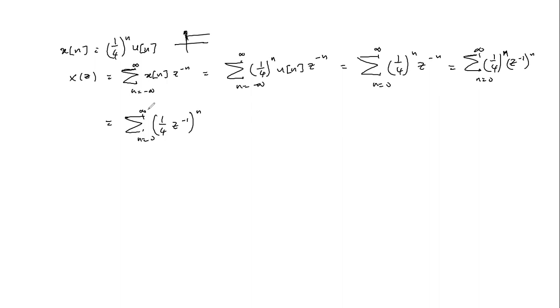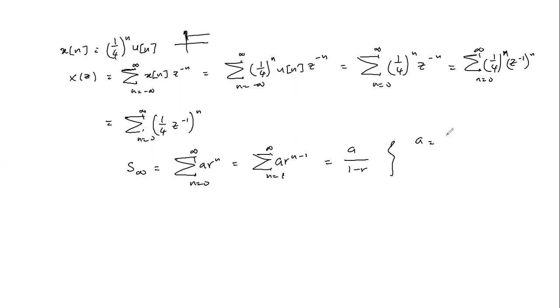Good. Now, you will recall that the sum of an infinite geometric series, n equal to 0 to infinity of a r^n, or when the limit is taken from n equal to 1 to infinity of a r^(n-1), is the same as a over 1 minus r. Here, a is the first term, while r is the common ratio.